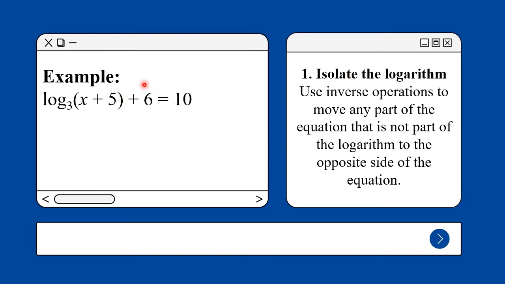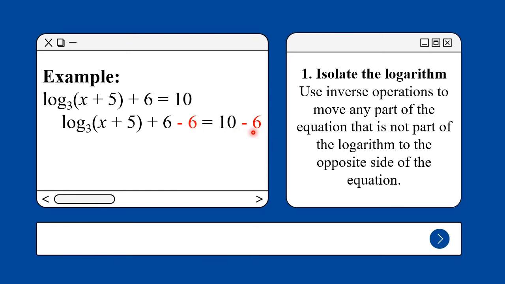To isolate positive 6 on the left side, we need to add negative 6 on both sides of the equation. So logarithm of x plus 5 base 3 plus 6 minus 6 is equal to 10 minus 6. And we all know that 6 minus 6 is equal to 0. Then 10 minus 6 is equal to 4. So we'll be having logarithm of x plus 5 base 3 is equal to 4.